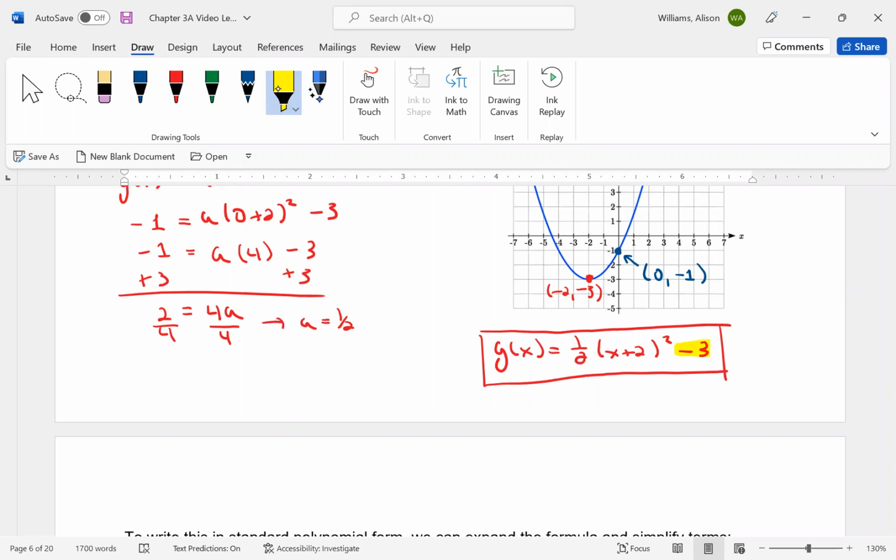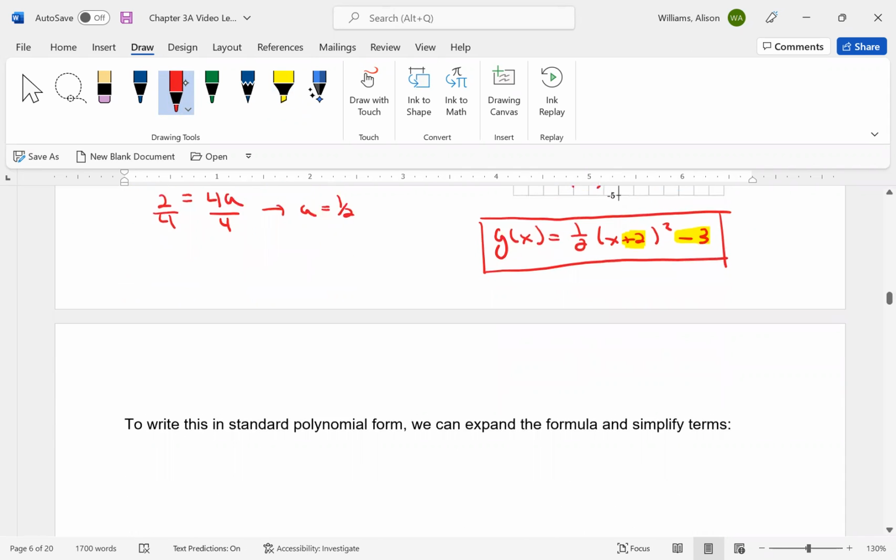I don't see a -2. I do, however, know that because the graph shifted left 2, that 2 right there occurs because of the fact that it shifted left 2. It's like relocating the vertex of the original graph. So that connects directly to a parabola or a quadratic formula.